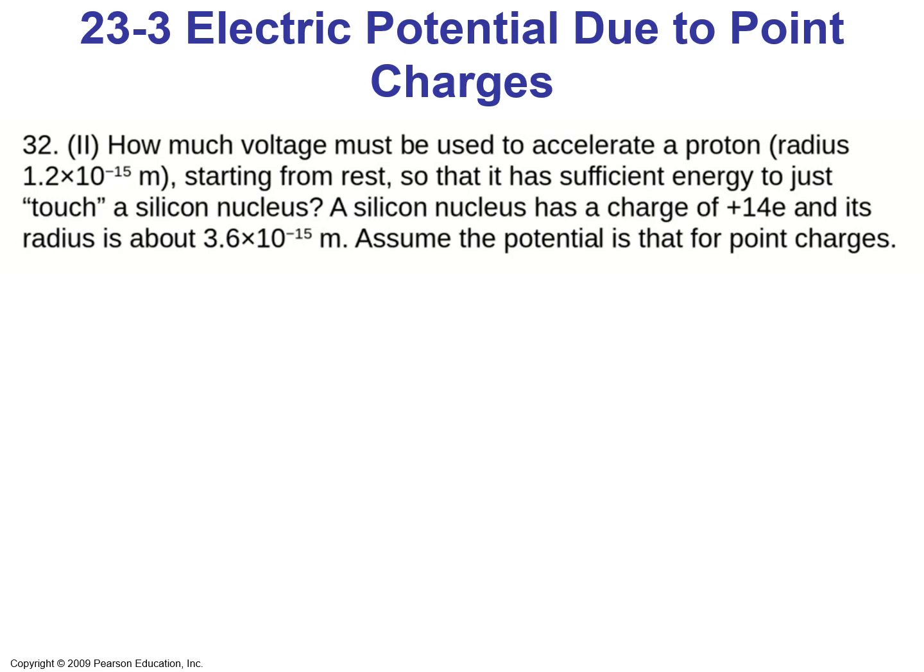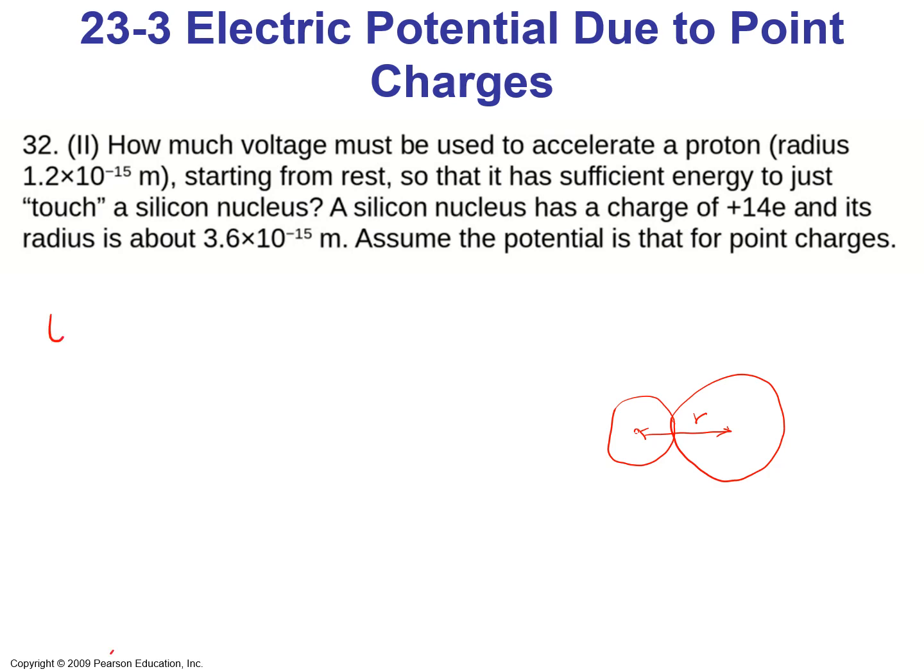Here we have to assume that all of the energy the proton gains by being accelerated by the voltage is changed to potential energy, just as the proton's outer edge reaches the outer radius of the silicon nucleus. So this is the radius of a proton, this is the radius of a silicon nucleus, and their separation is R, which is the summation of the radius of silicon and the radius of a proton.